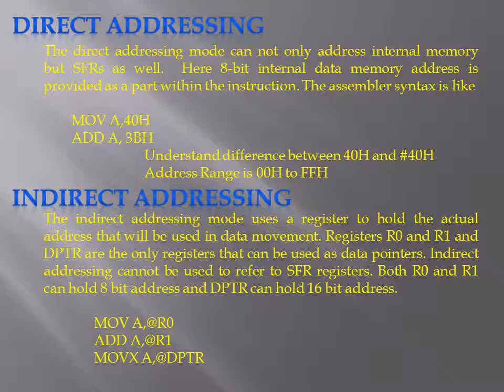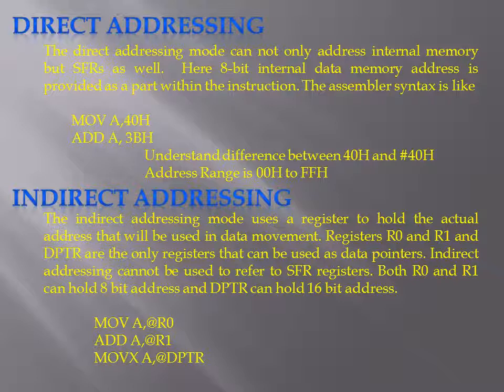In indirect addressing, we have registers being used as addresses. A register holds the address that will be used in the data movement.